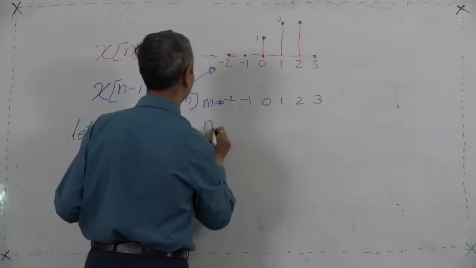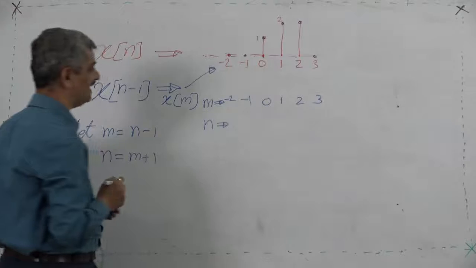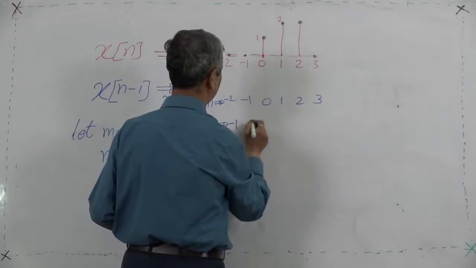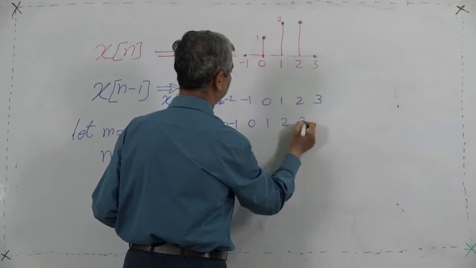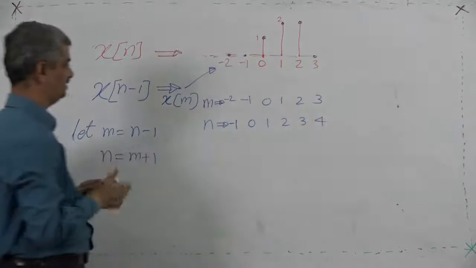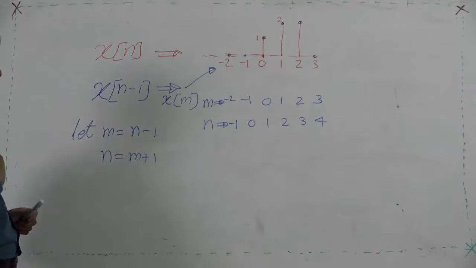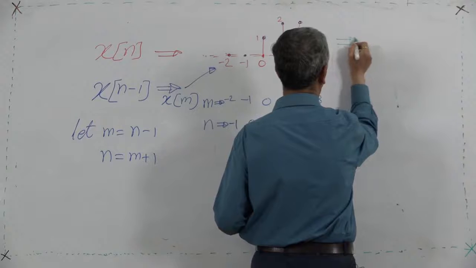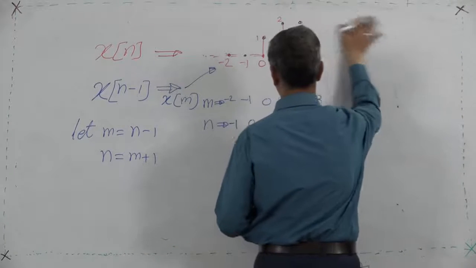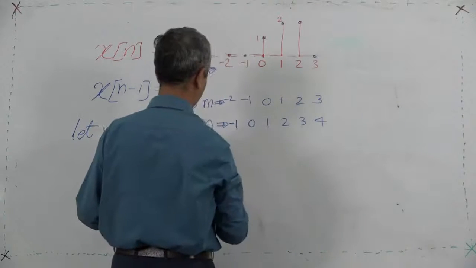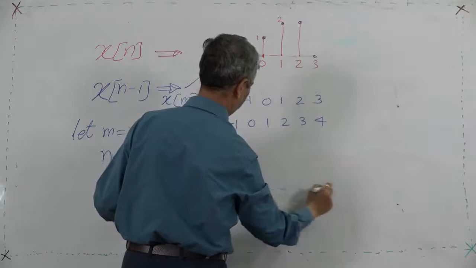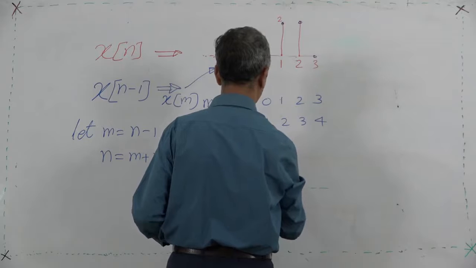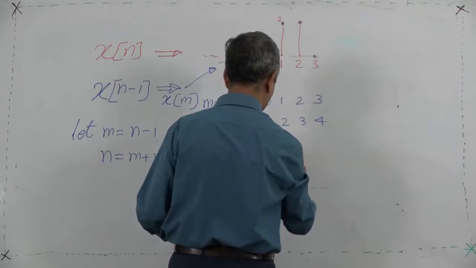So, you put n here. n is m plus 1. So, it is minus 1, 0, 1, 2, 3, 4. So, just write that. Again you draw a similar sequence, the same sequence, exactly sample below sample.